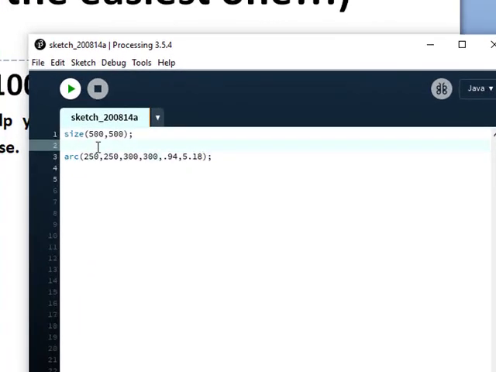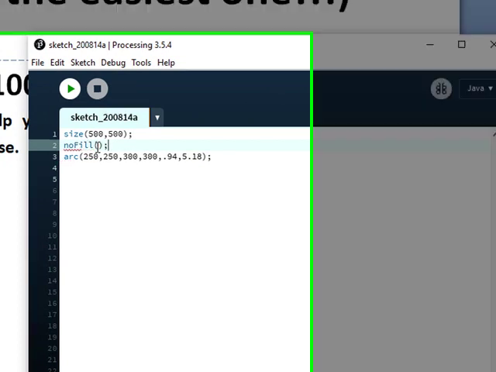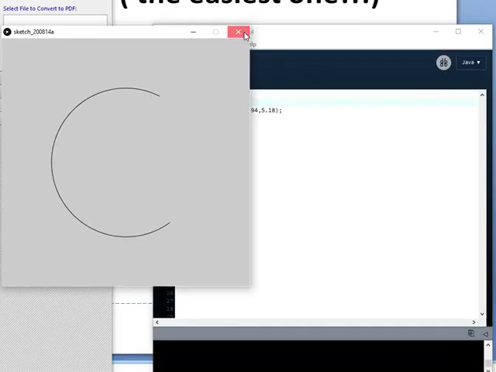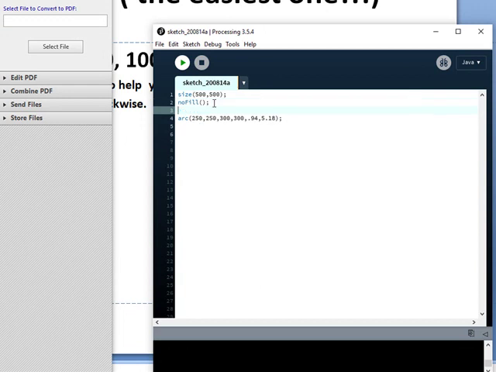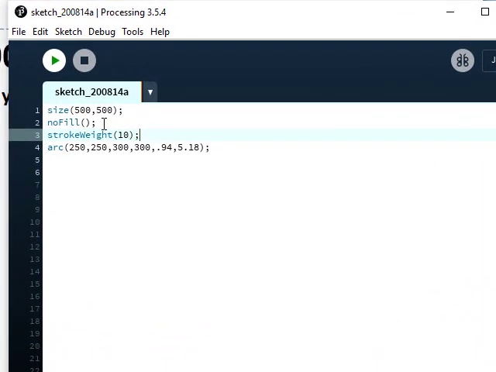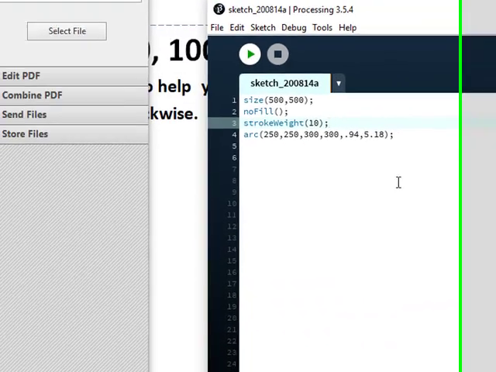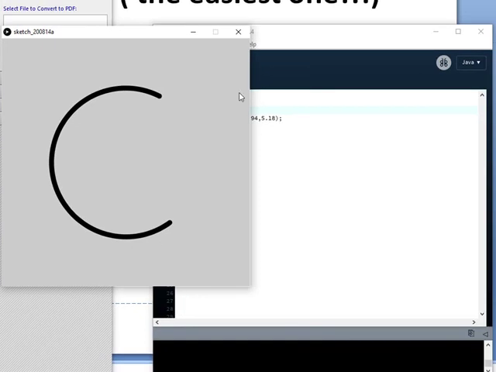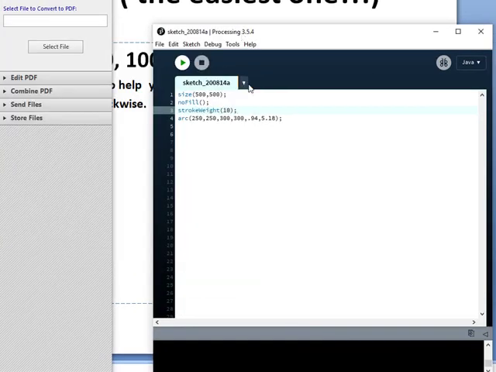I also could put a noFill. Did I capitalize my I? Yes, I did. Didn't mean to do that. Just as an example, I could put in noFill, okay, and now I could put in a very thick stroke weight of 10, just to point out the different things. It starts out looking like Pac-Man and it ends up looking like a C. There are all different kinds of things that you could do, and of course I could change my stroke color and so on and so forth.